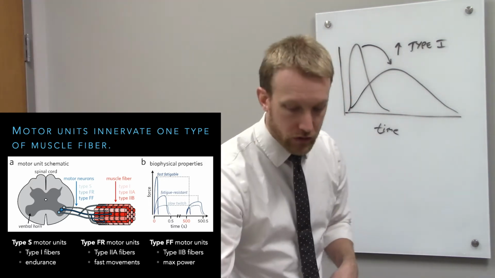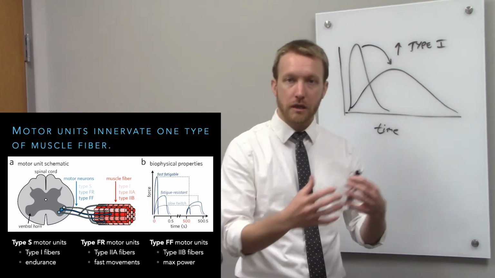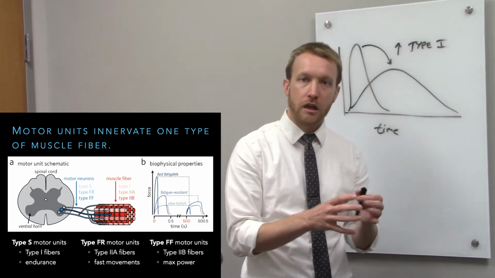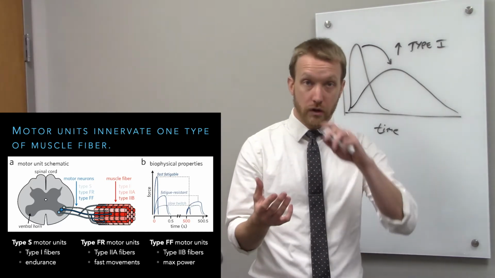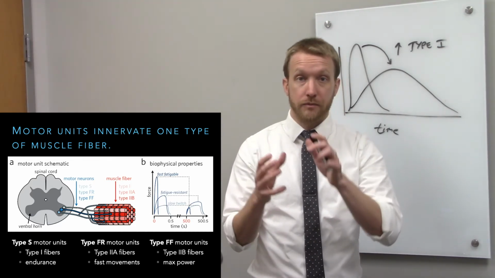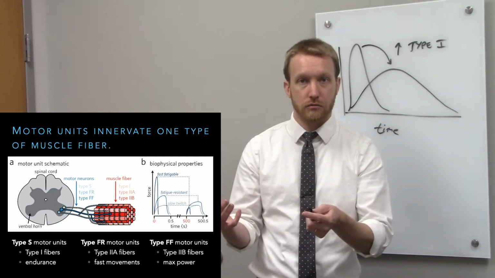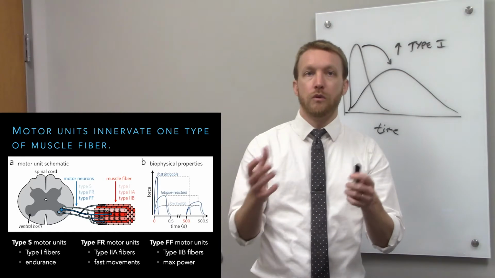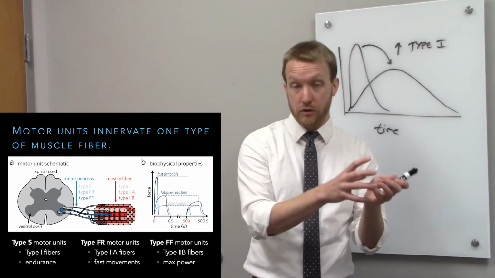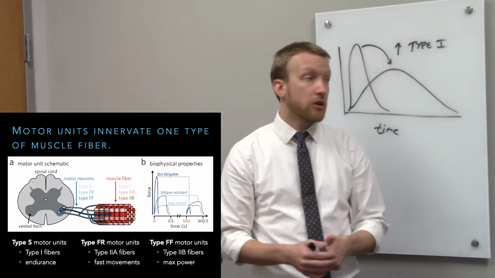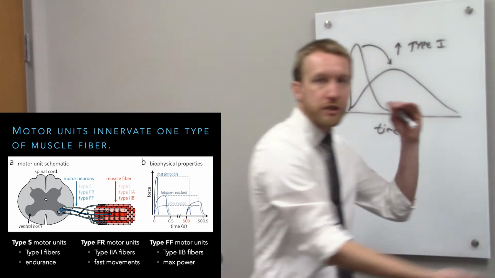So we have a relationship between motor neuron and muscle where the smaller motor neurons tend to innervate the type S fibers, whereas the type 2 fibers are going to be innervated by slightly larger motor neurons. So when we consider motor units, the motor neuron and all the muscle fibers it innervates, we get the same kind of 3 levels.